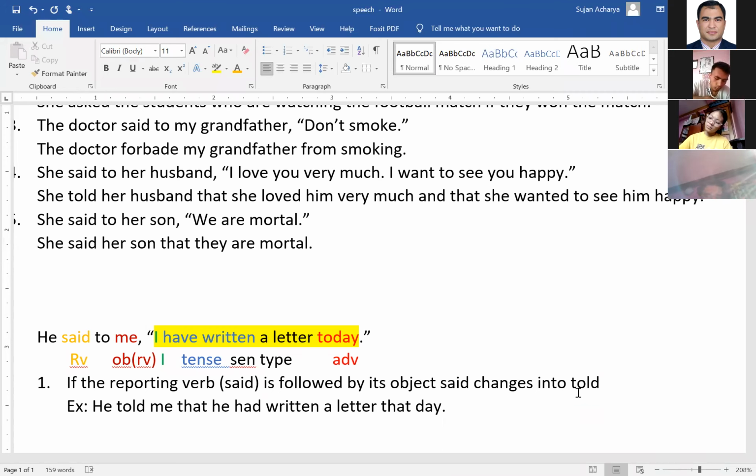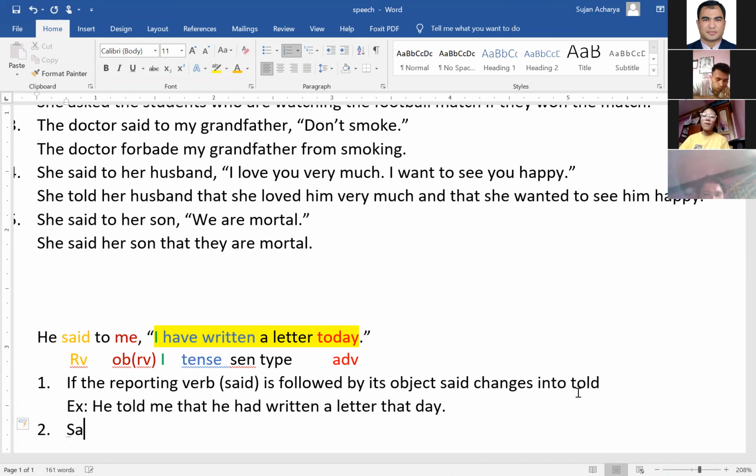Now, it is not necessary that said always changes into told, but whether said remains told or not is again determined by the type of the sentence in direct speech.